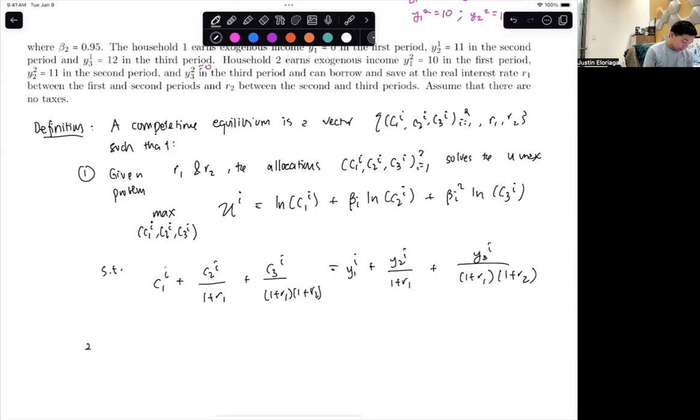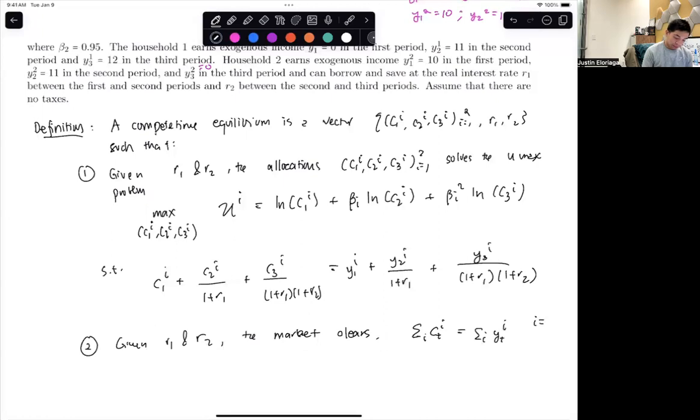And the second one is that the market clears. So given R1 and R2, the market clears. That is, the sum over i of Cti is equal to the sum over i of Yti, for all i, 1 and 2, and t equal to 1, 2, 3.